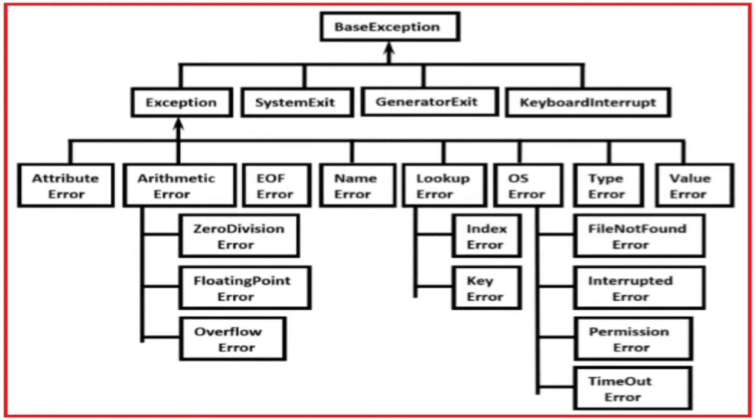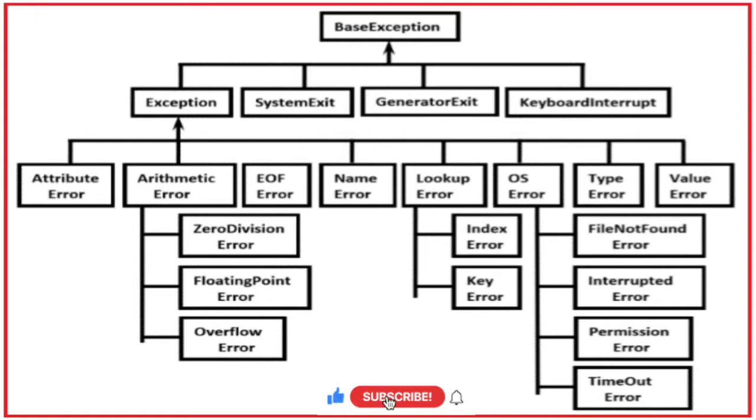For that base exception, there are certain subclasses which inherit the base exception. They are exception, system exit, generator exit, keyboard interrupt, and so on. And there is another level beneath exception, which is the attribute error and the arithmetic error. This in turn has the zero division error or the floating point error as its subclasses. And we have seen the arithmetic error as the zero division error also.